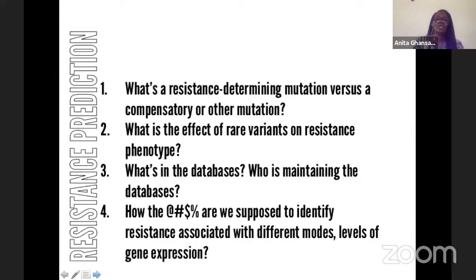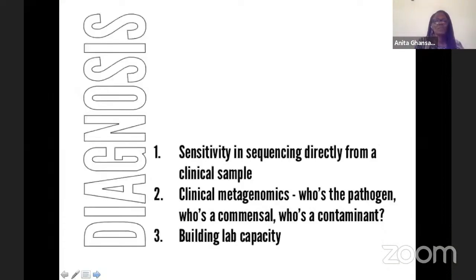And then we are also interested in the quality scores that we will use to identify what is resistant in different modes and levels of gene expression. So quality scores, when we are measuring resistance using gene expression data.